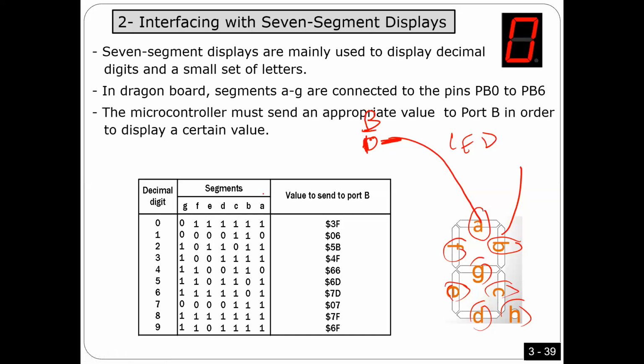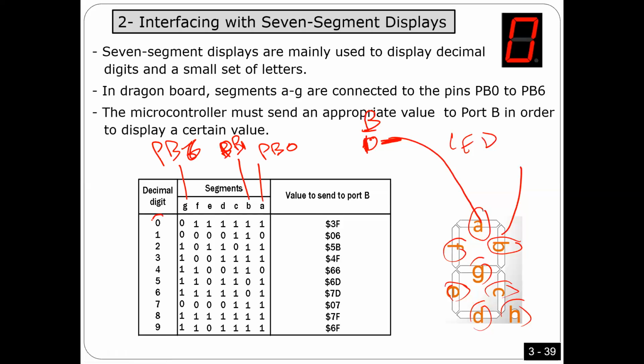So here A is connected to B0. This one is connected to B1. And this one is connected to B6. Is that okay? This is the way. So look here, guys.